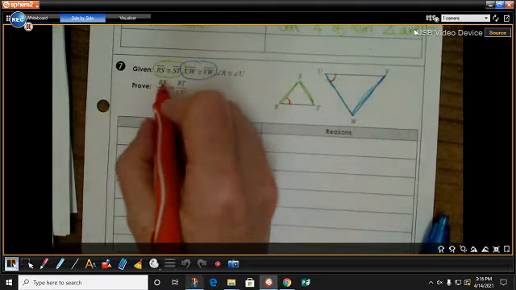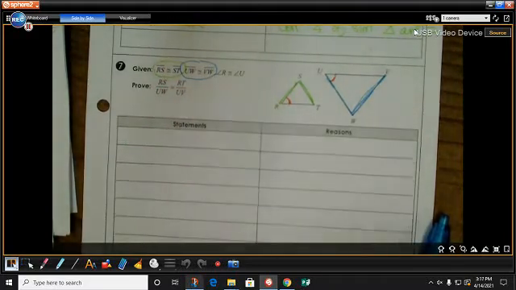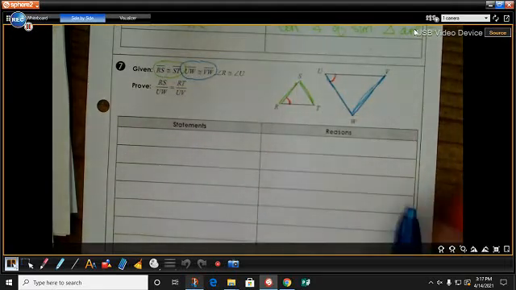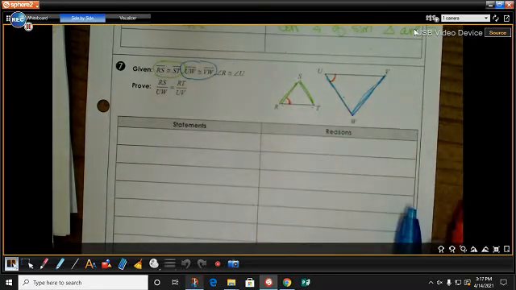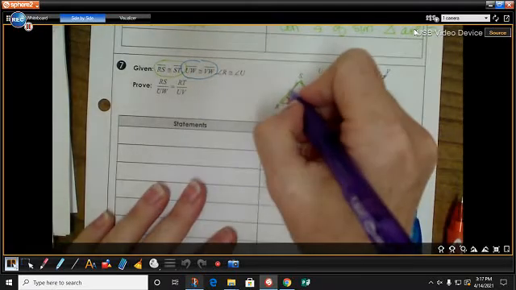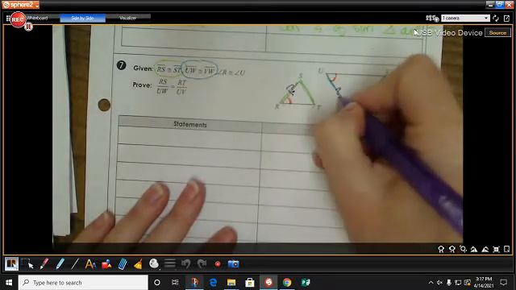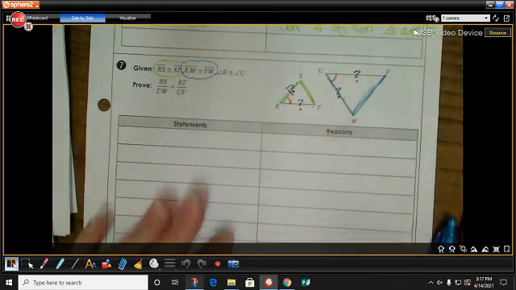Now, I need to prove that I have proportional sides. I need to say that these two sets of sides are in proportion. So RS needs to go with UW, and RT needs to go with UV.